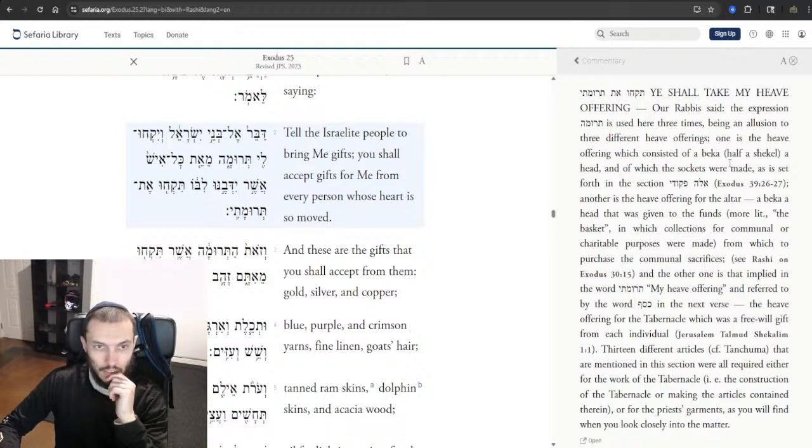You shall take my heave offering. Our rabbi said the expression is used here 3 times, being an allusion to 3 different heave offerings.